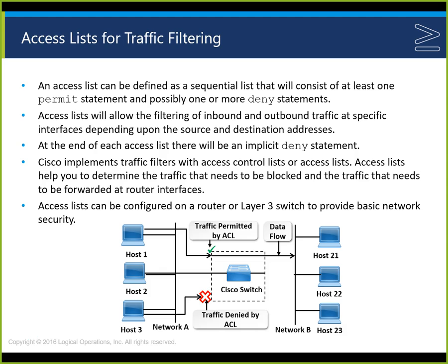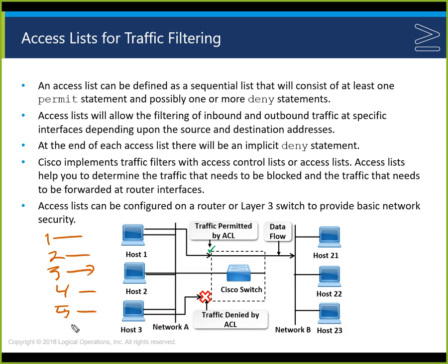We can get too general with them and permit too much or deny too much at the top of the list. The system goes down the list one statement at a time. 1 doesn't apply, 2 doesn't apply, 3 applies. It's going to apply that statement regardless of how many other statements are there and move on. It won't look any farther down the list.